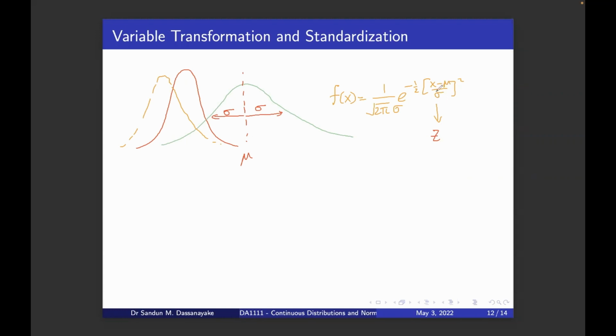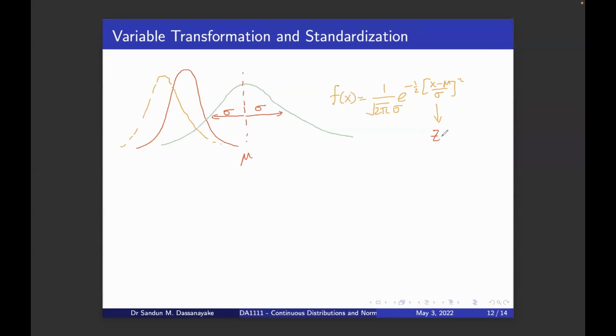Now, when we convert x minus mu over sigma into a value z, you can understand that there should be certain boundedness for this z value, because it's always divided by sigma, and x minus mu is the difference between the given value x and the mean of the population.